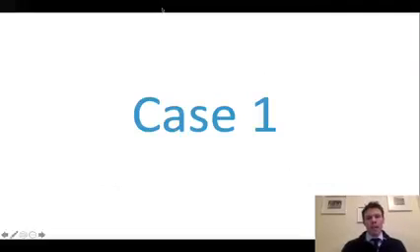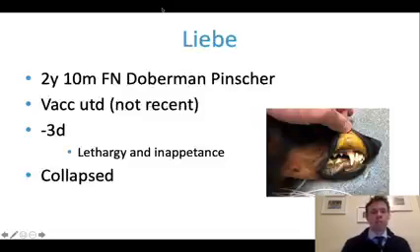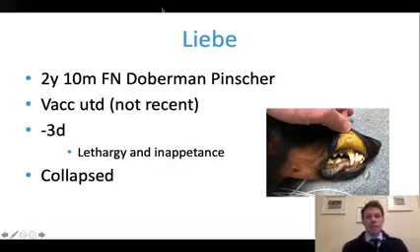So, 3 cases that hopefully represent different types of icterus in a rather predictable order, I'm afraid, but that demonstrate different aspects of jaundice, icterus. So, this is Liba. She was a 2-and-a-bit-year-old female neutered Doberman.